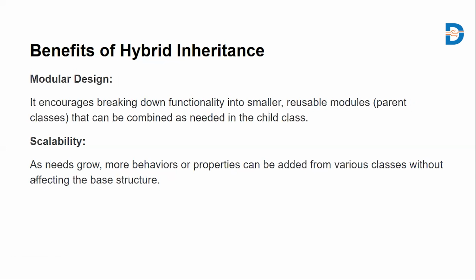This encourages modular design where functionality is divided into smaller reusable components. These components can be mixed and matched as needed, making the child class more adaptable and easier to maintain.